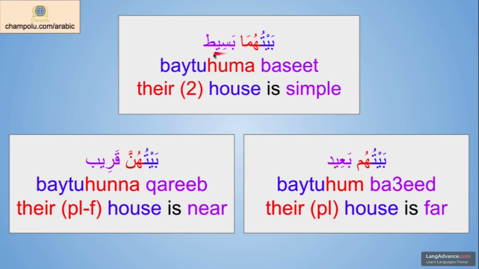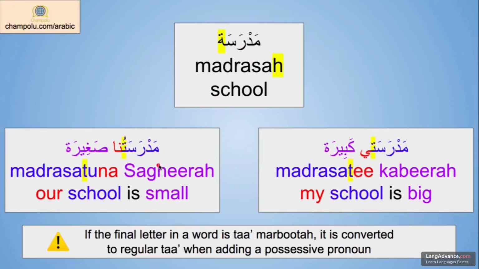And if we talk about a group of people, say بيتهم بعيد. Their house is far. And if we're talking about a group of females, saying their house is near, بيتهن قريب. Their house is near.